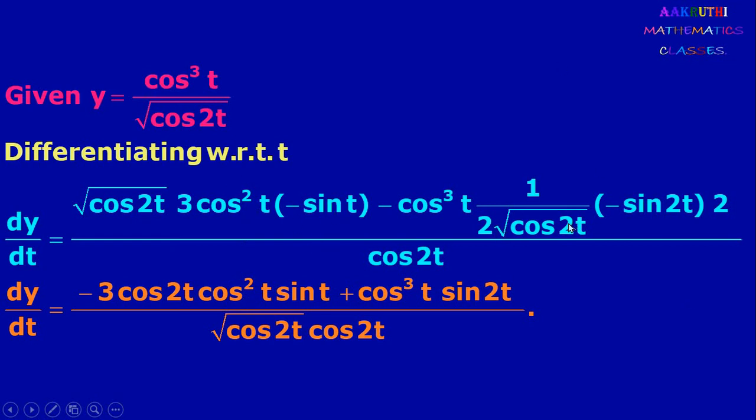When we multiply root of cos 2t into root of cos 2t, we get root of cos 2t whole square, the square would cancel, remaining is minus 3 cos 2t cos square t sin t, and here minus into minus is plus, and the 2 gets cancelled. Root of cos 2t is written in the denominator, so therefore remaining is cos cube t and sin 2t. So dy by dt is minus 3 cos 2t cos square t sin t plus cos cube t sin 2t divided by root of cos 2t into cos 2t.